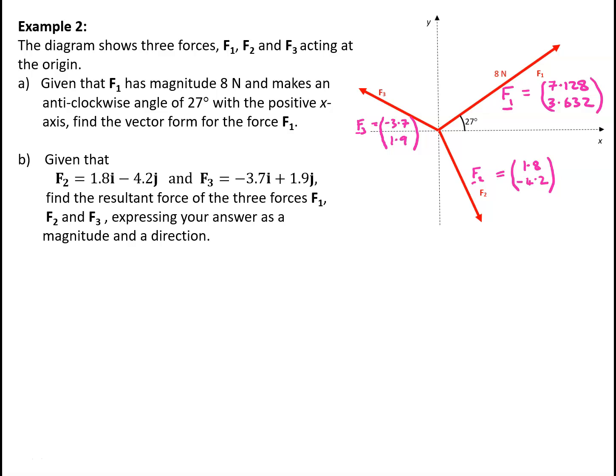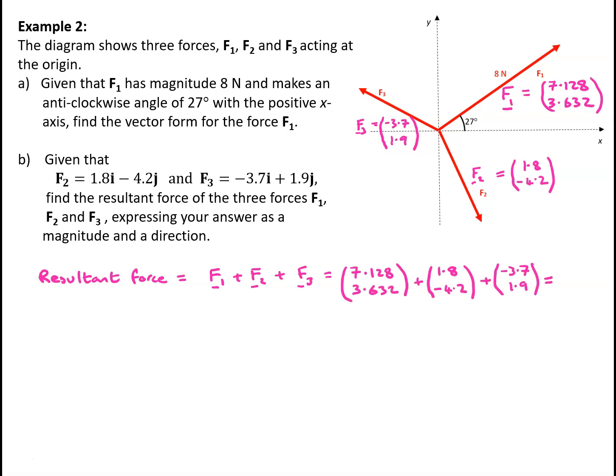We know that to find the resultant force we just need to add up F1 plus F2 plus F3. So in that case, that's the vector (7.128, 3.632), added to the vector (1.8, -4.2), added to the vector (-3.7, 1.9), which gives me the vector (5.228, 1.332).